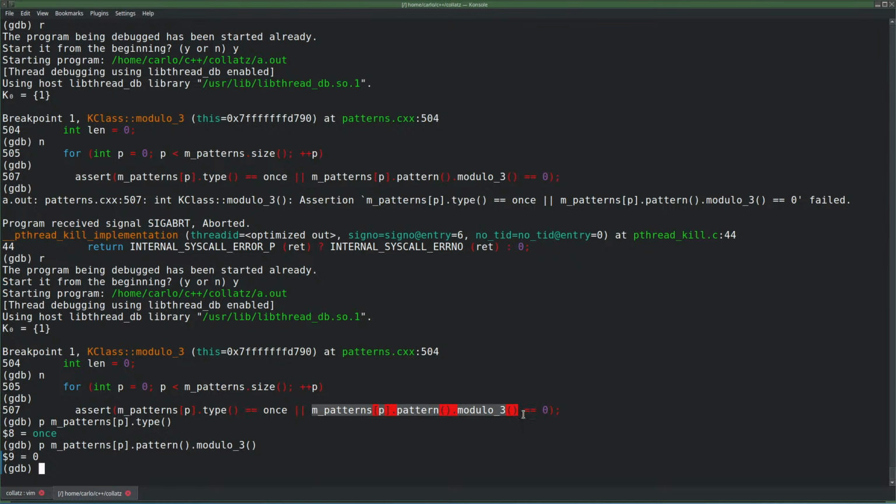It is both equal once and equal 0. So both are true. And still we assert. Someone help me, because I really don't get this. Can anyone enlighten me?